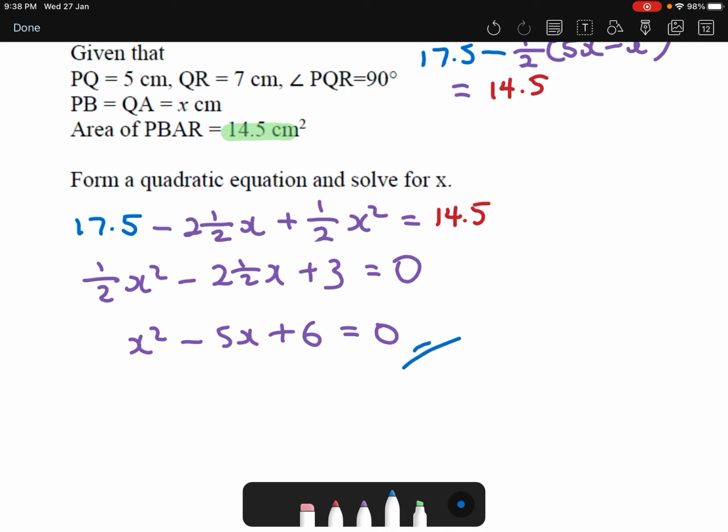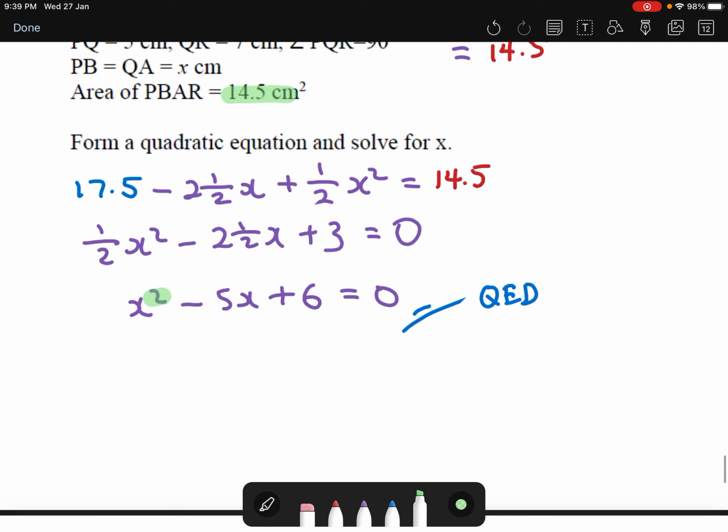This shows that this is a quadratic equation. A quadratic equation basically means that the x has a power of 2 here. That's just a very simple term. Now of course when I form my own quadratic equation, I must solve it, I solve for x. Remember how do we solve an equation? We must factorize.